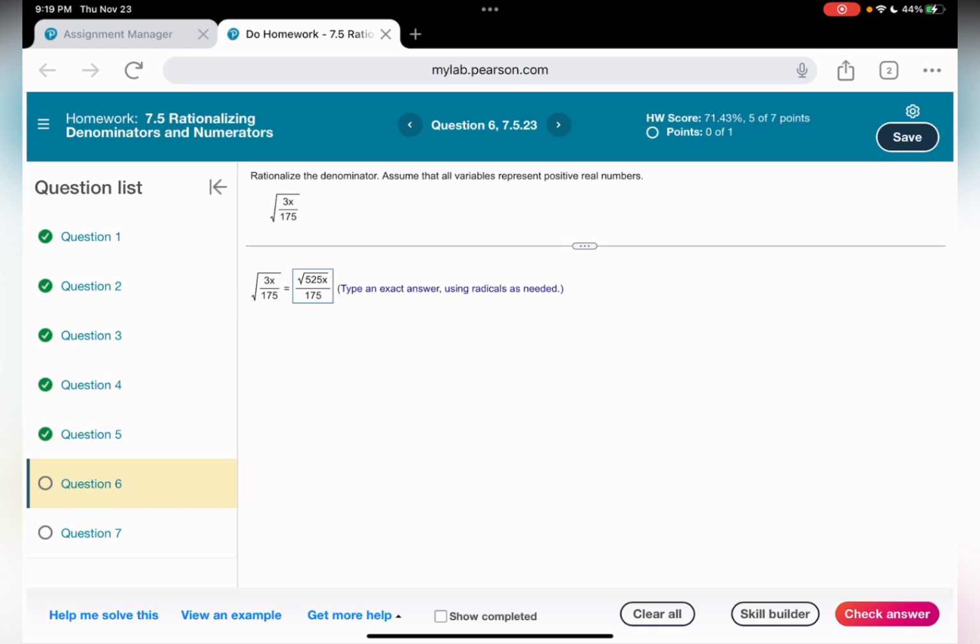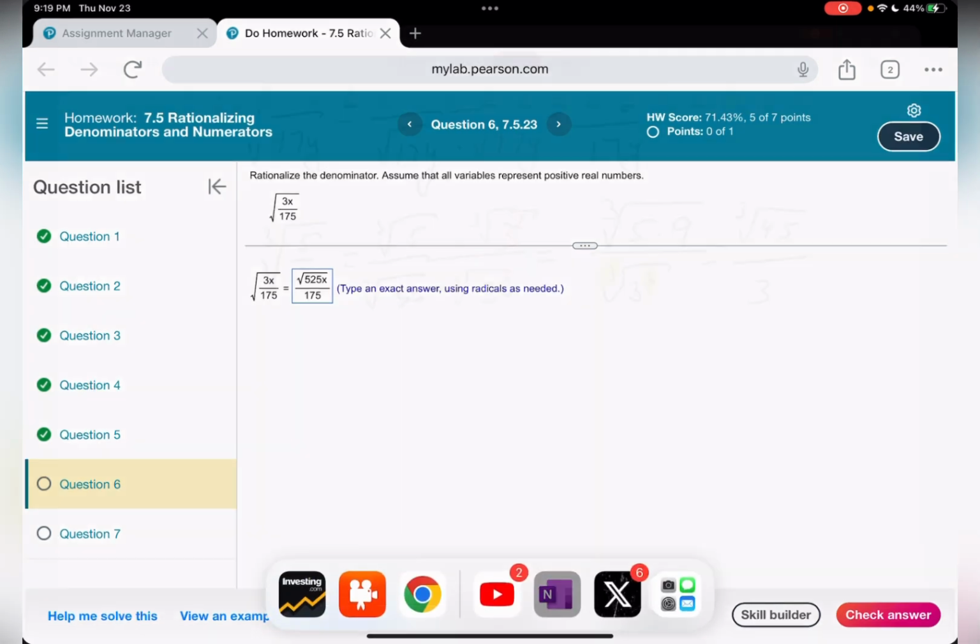Maybe I can take something out of 525. If I divide by 25, I get 21. So 525 is 21 times 25.